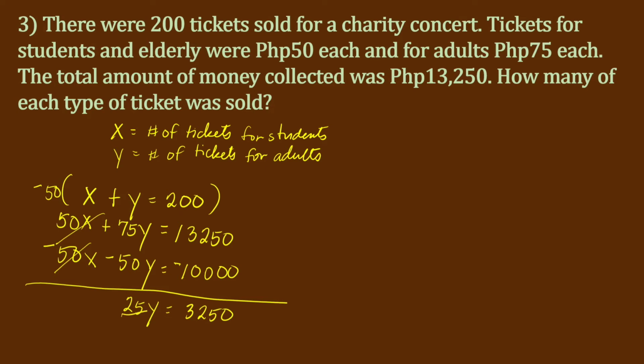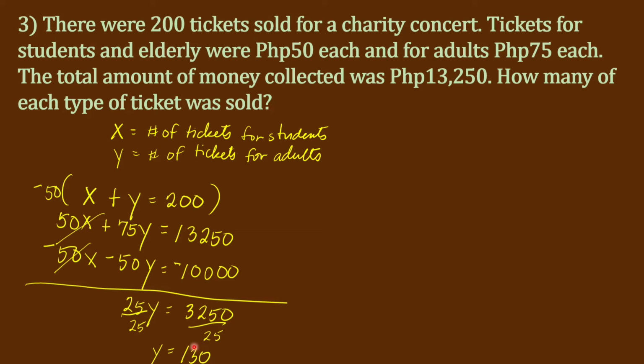So divide natin to by 25. We will come up with y, which is number of adult tickets, 130. So there are 130 tickets for adults.